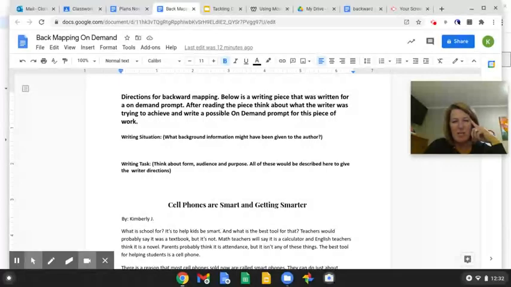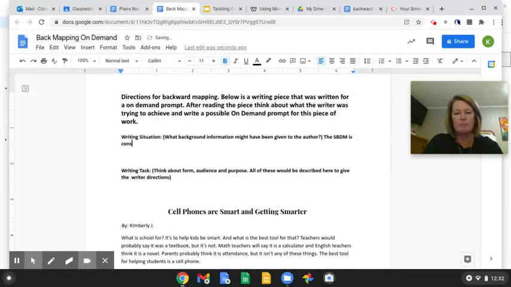So let me go back and think about what I have to do. Writing situation. So again, they're trying to change a school policy, and I know that the people that change a school policy is the Site-Based Decision-Making Council. So I think that might be part of the background knowledge that the writer would have been given. So I'm going to say the SBDM is considering changing the school's policy on the use of cell phones.